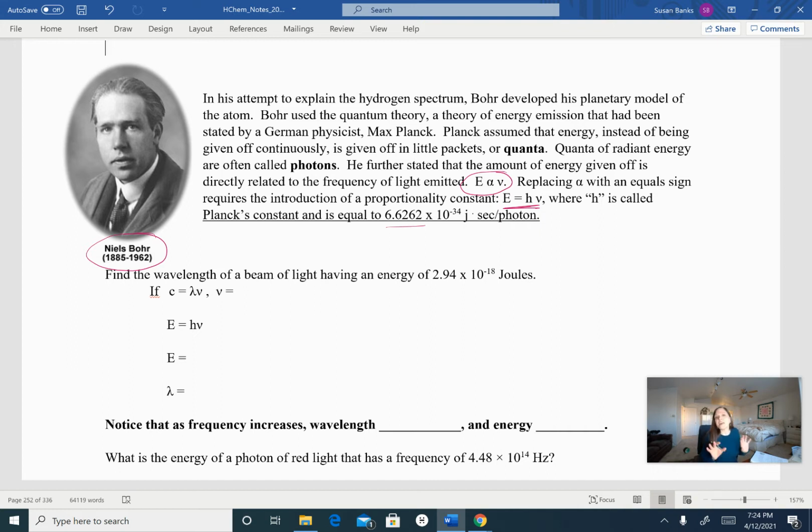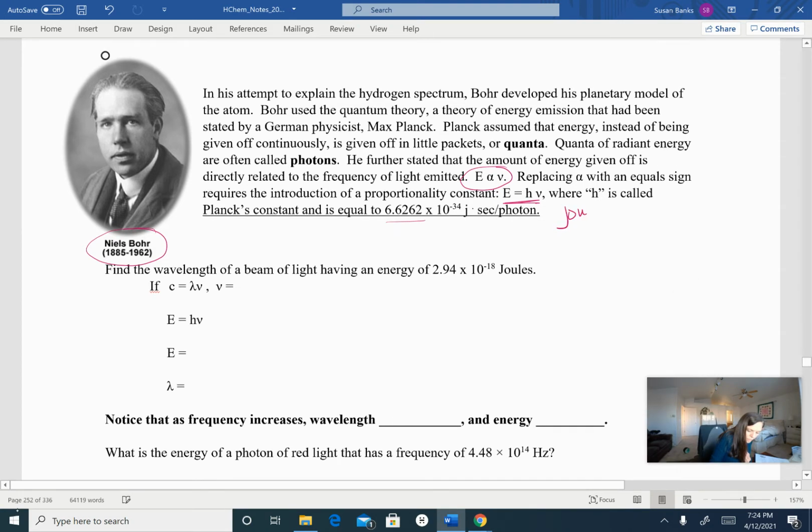Now, I have hammered units a lot this year, and joules is something that you are going to get introduced to a lot in physics. Joules is a measure of energy or a measure of work. So let's just break down joules. Joules is what we call a Newton meter.